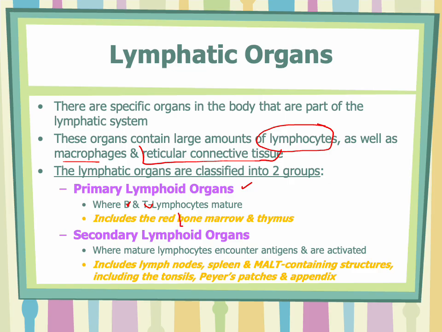We're talking specifically about the red bone marrow and the thymus, okay? The secondary lymphoid organs are where some mature lymphocytes encounter antigens and are activated, so they are ready for war, such as lymph nodes, spleen, and MALT-containing structures such as tonsils, Peyer's patches, and the lining of the appendix. Okay?